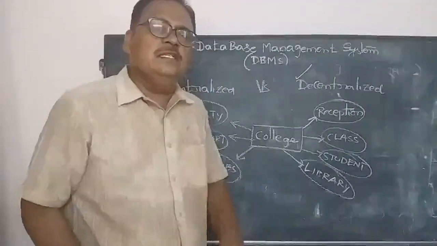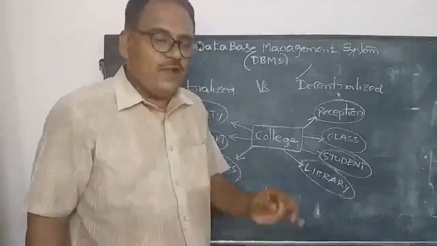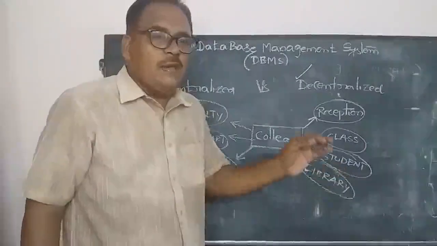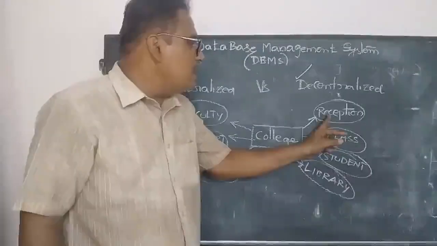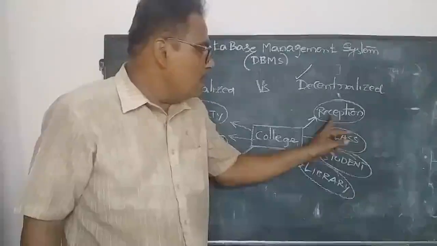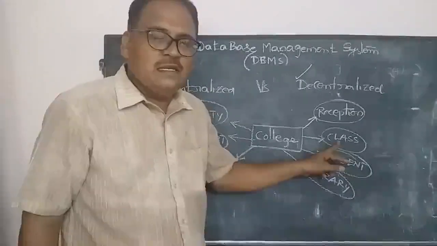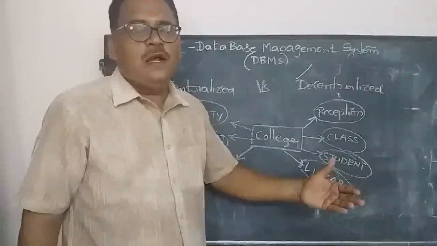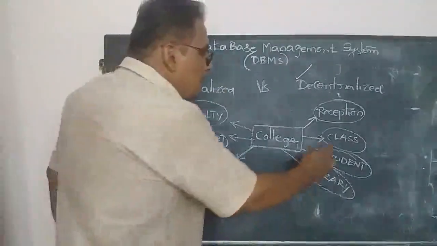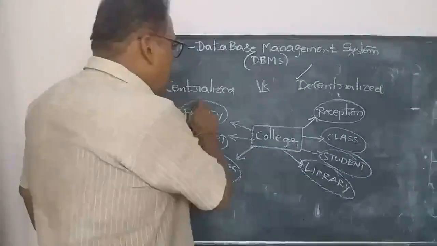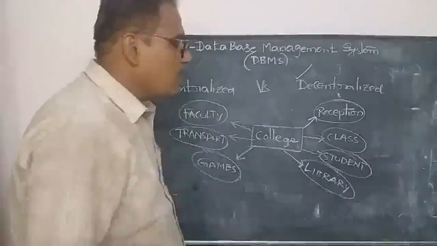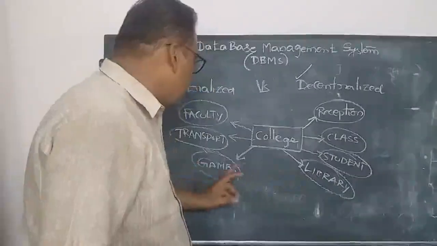For example, at the start of the academic year, a student was admitted to the BSc Computer Science course at reception. After 1 or 2 months, he shifted or transferred to BSc MPC or BCom. The remaining entities get information from the reception. So class, student, library, etc.